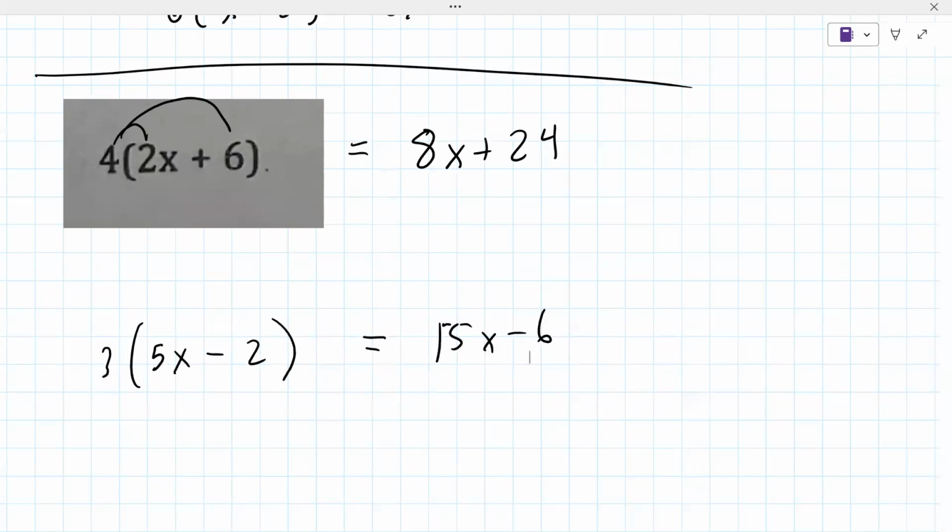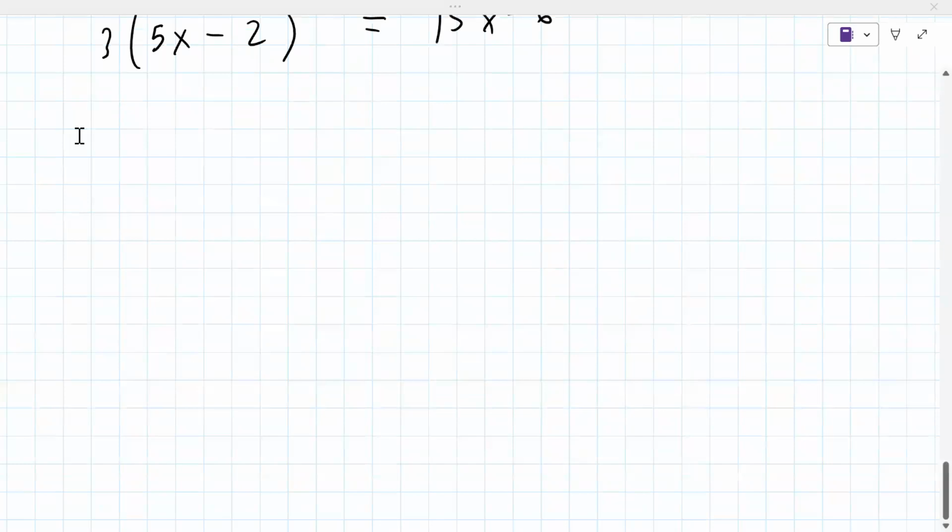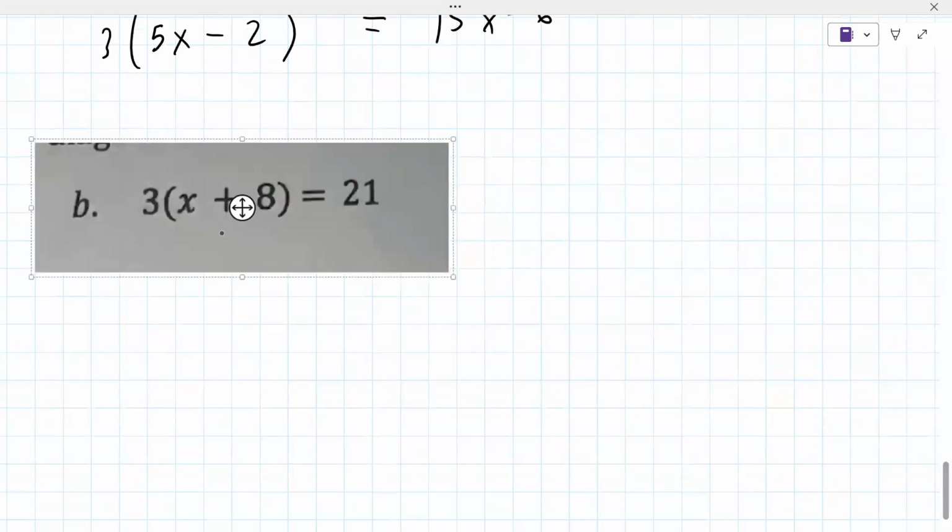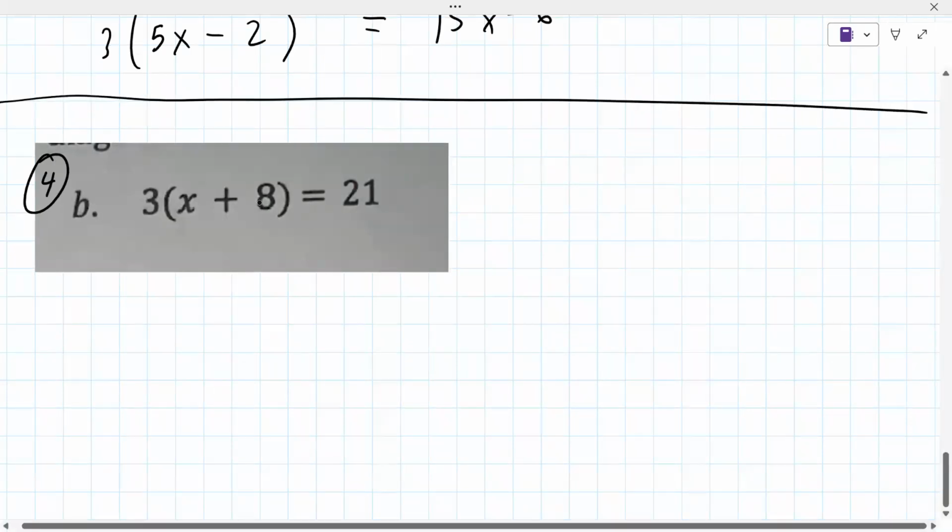All right, so now we're going to go back to 4b. I know this is out of order, but it will make sense now. So 4b, okay, you're going to first multiply that 3 inside. So we did a problem like this.